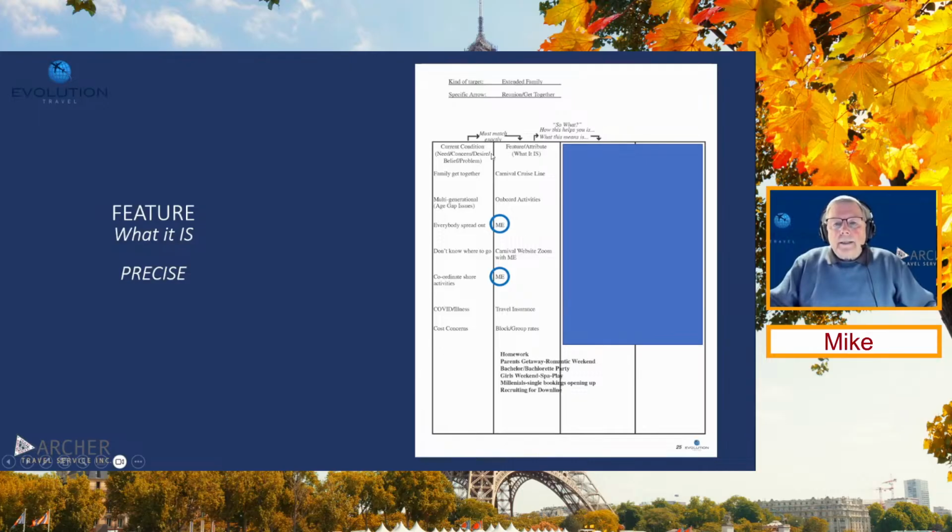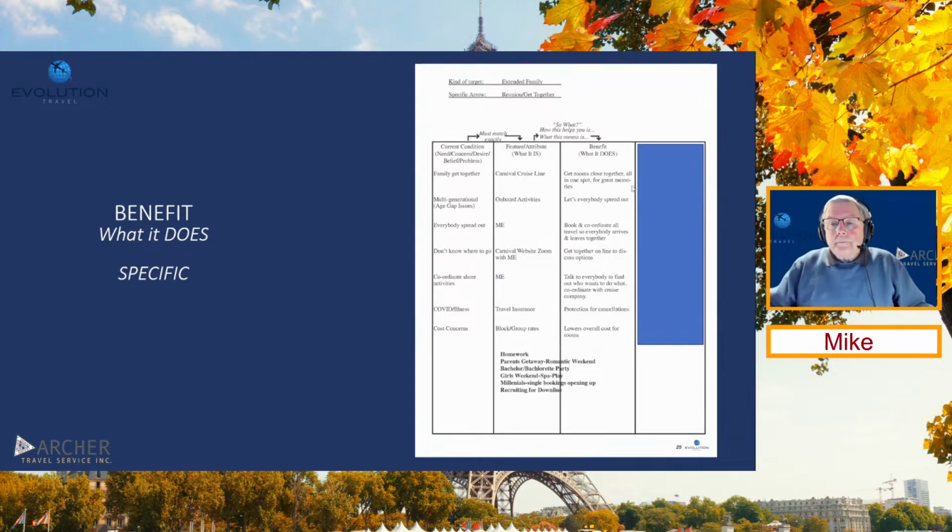So what that says to you is I've got a gap issue, onboard activities. It must match exactly. And now, once you say that, they're going to go in their brain, so what? Your response is, and you're going to say it just like this. How this helps you is, what that means to you is, it lets everybody spread out.